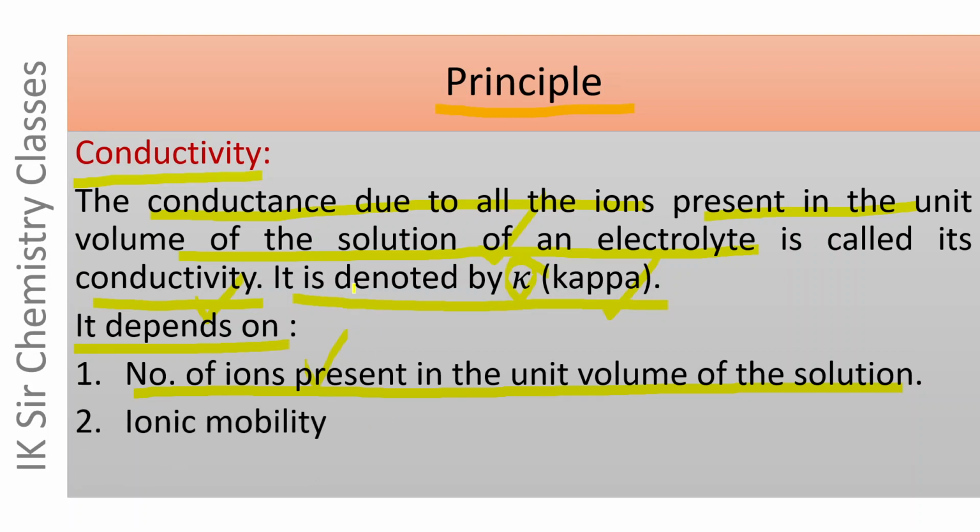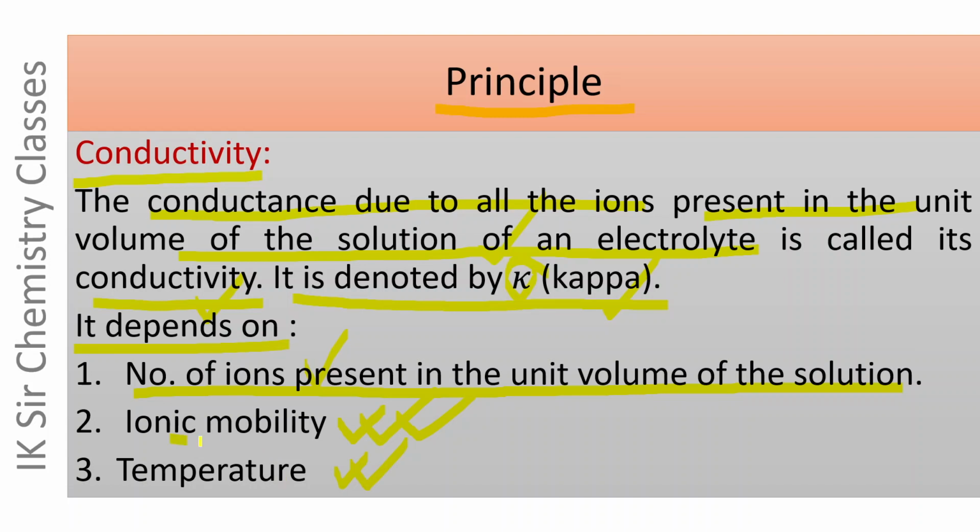It means the conductivity of the solution of an electrolyte increases with increase in its concentration. At the same time, conductivity also depends upon ionic mobility. Greater the ionic mobility, greater will be the conductivity, and temperature. As temperature increases, the ions present in the solution move at greater speed.